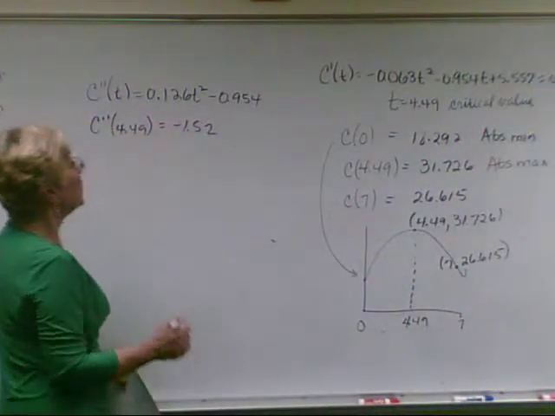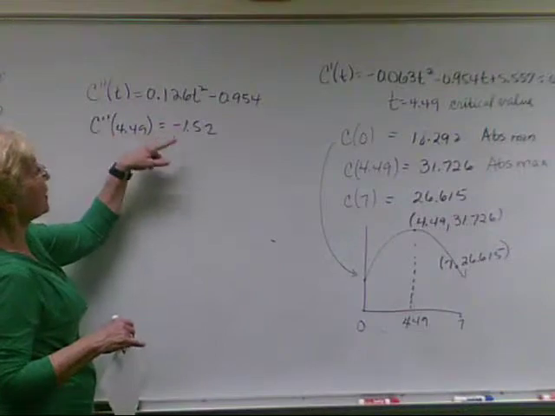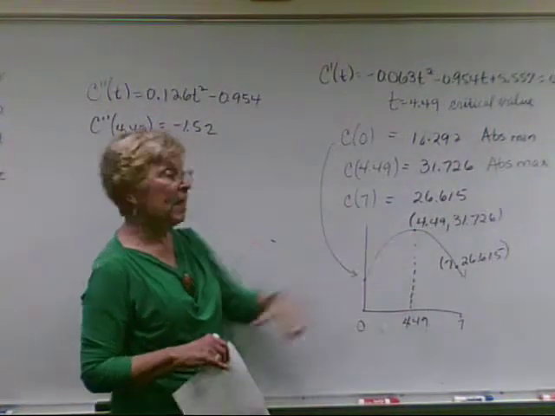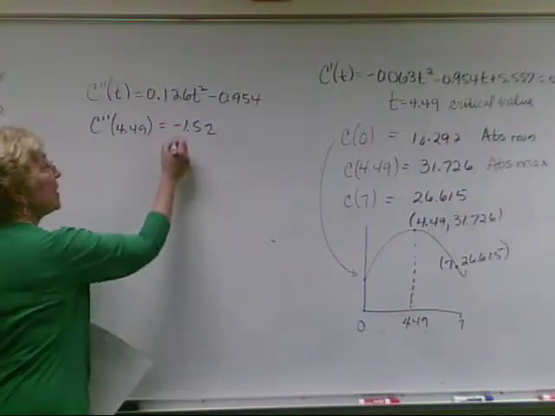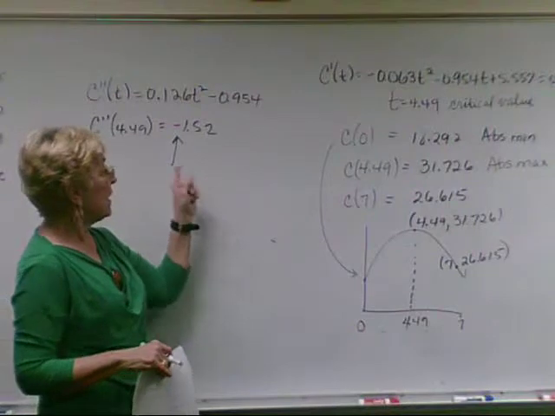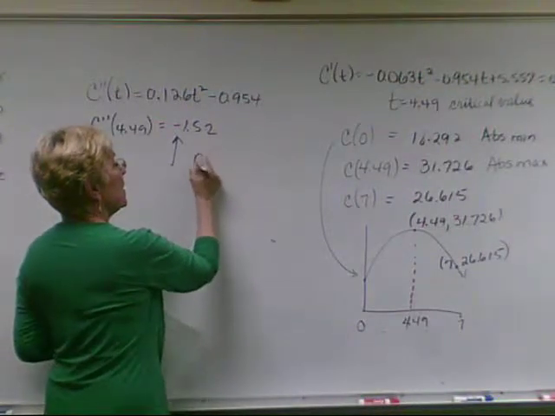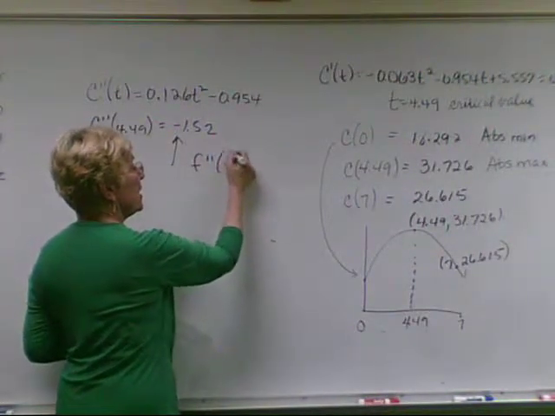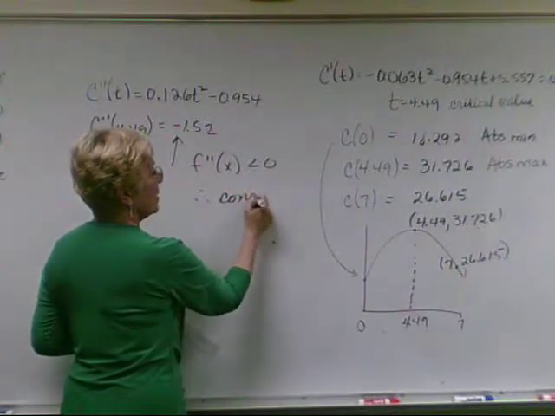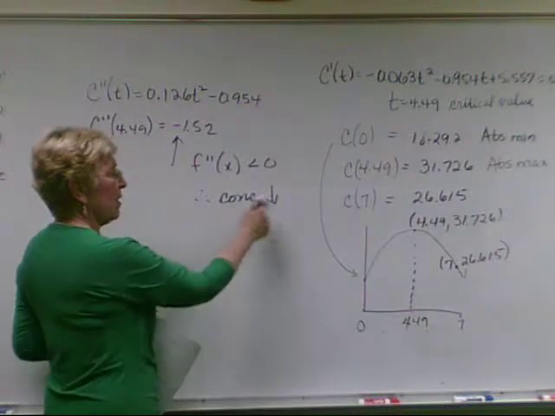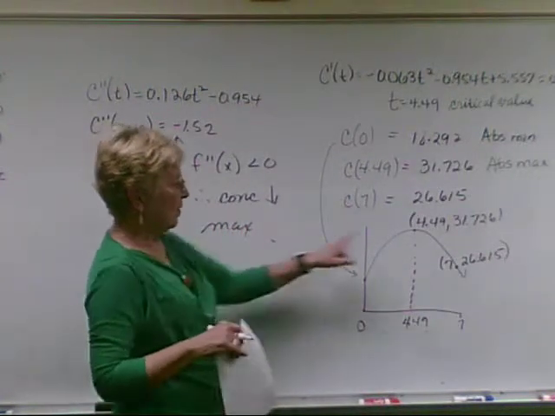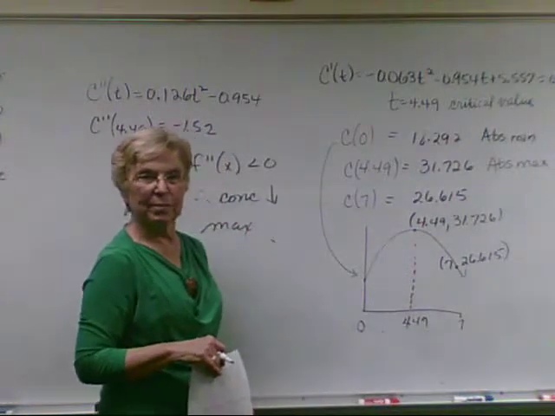But if you do the math as well, you compute your second derivative and you plug in what you think is the max, if you get out a negative sign, which I did by evaluating it at 4.49, it tells us that we have a second derivative that is negative, therefore concave down. If it's concave down, we're looking at a max on top of the curve.